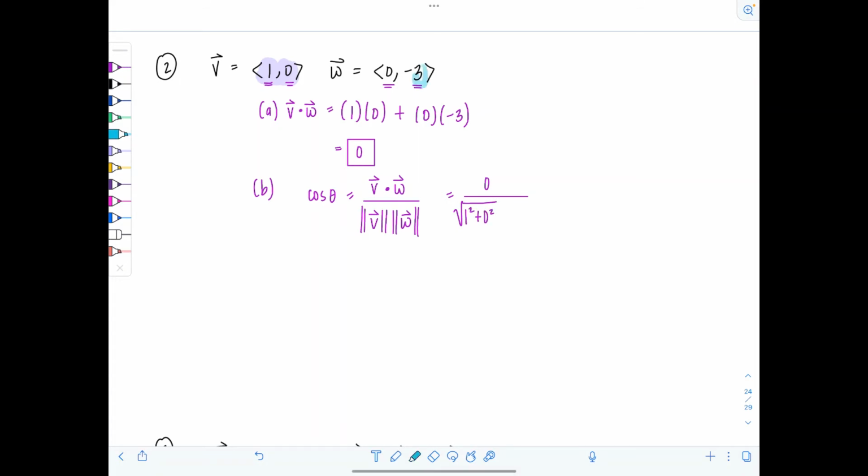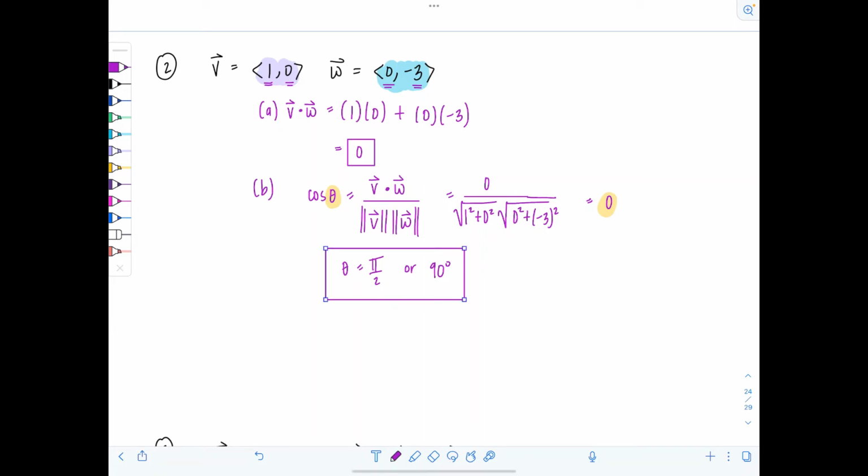And then similarly, magnitude of W is going to come out to be 3, because you have square root of 0 squared plus negative 3 squared. So this is 0 over 3, which is still 0. When is cosine of some angle equal to 0? Remember, we restrict theta to be between 0 and pi per the definition. So that means theta is equal to pi over 2 or 90 degrees.